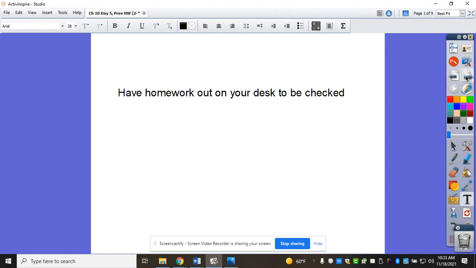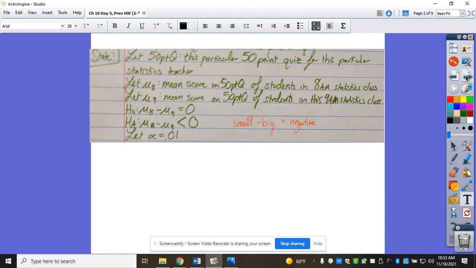So the first one, the wording of this one was a little vague, which I didn't love. At one point it said statistics classes, but then another time it said just comparing 8 a.m. to 9 a.m. And I think I changed the problem a little bit over time.